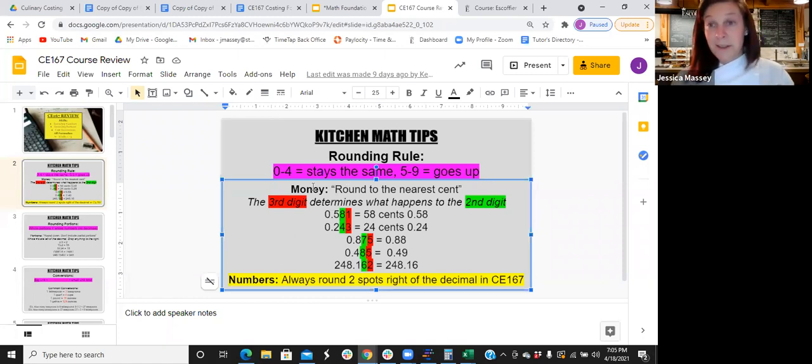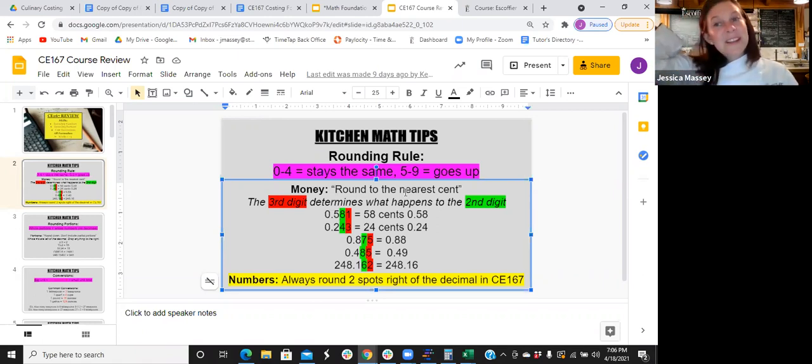So my point in telling you this right now is a lot of your questions will say round to the nearest cent, or round to the nearest whole dollar, round to the nearest whole percent. Always make sure you're reading that carefully and answering it in the right context. Because if you're not answering to the nearest cent and you're giving whole dollar, you're going to get the answer wrong right from the get-go, even if you're doing the math right, which is the most frustrating part.